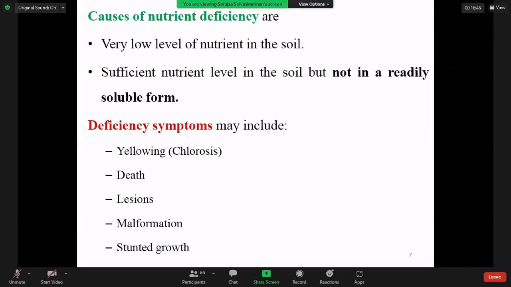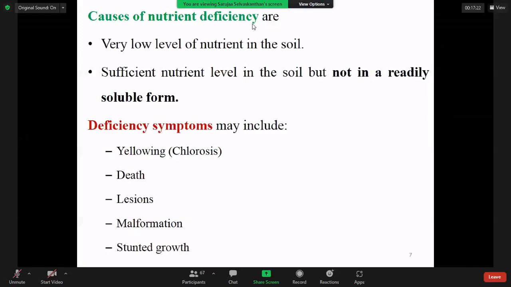What are the causes of nutrient deficiency in the plant? Deepika. Yes, ma'am. What are the causes of nutrient deficiency? Yellowing, dead leaves.